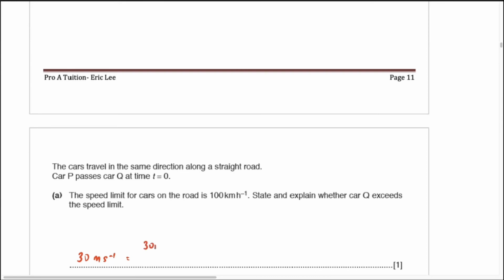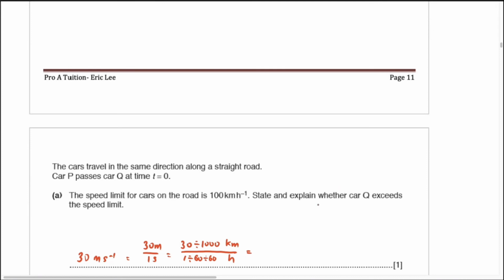equal to 30 meters over 1 second. So we convert the numerator to km. 30 over 1000 to km. 1 second, divide by 60 to minute, divide by 60 again to hour. Okay, then we can find out the number in km per hour.